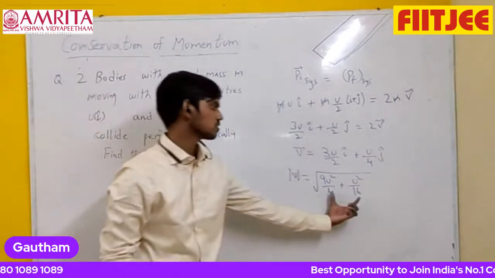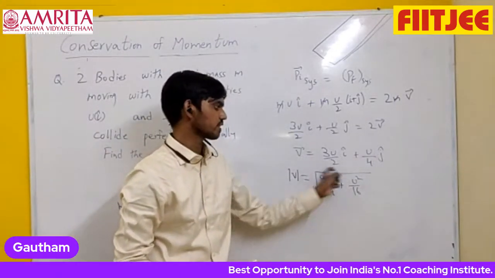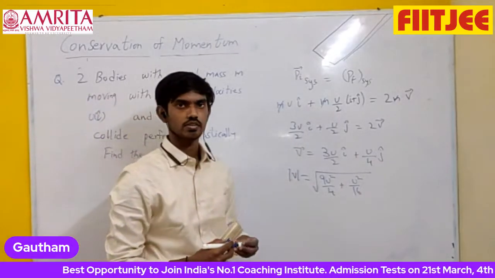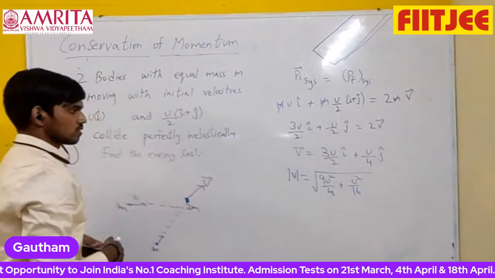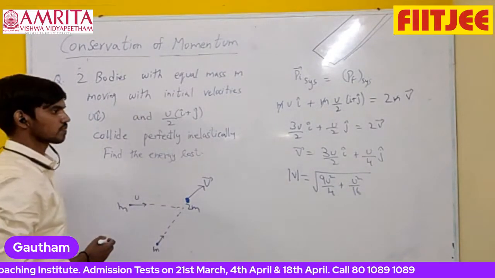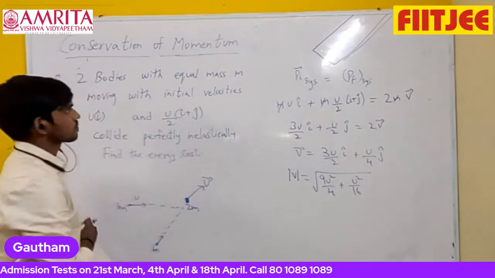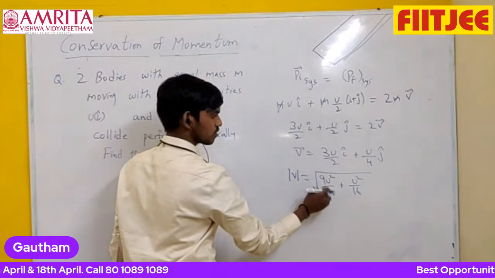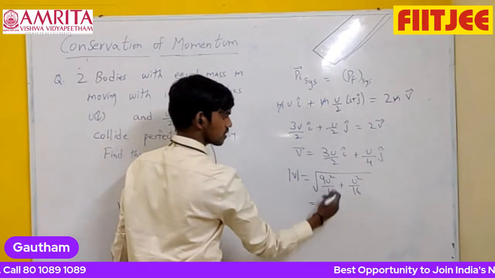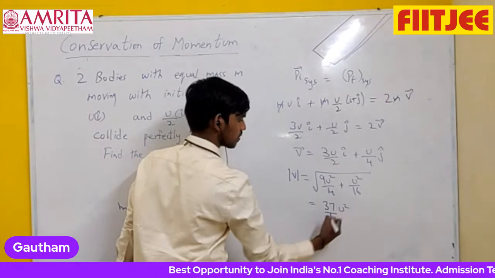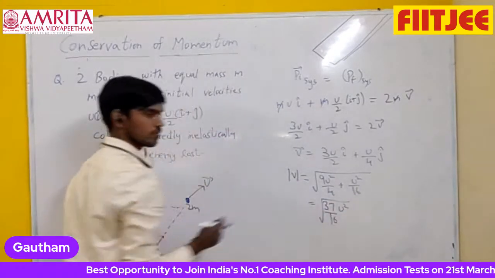We can keep it like this inside the root, since we are going to square it anyway to find kinetic energy. Adding these two, you get 9 into 4 by 16 plus 1 by 16, so 36 plus 1 by 16, 37 by 16 u square. The whole root is the magnitude.